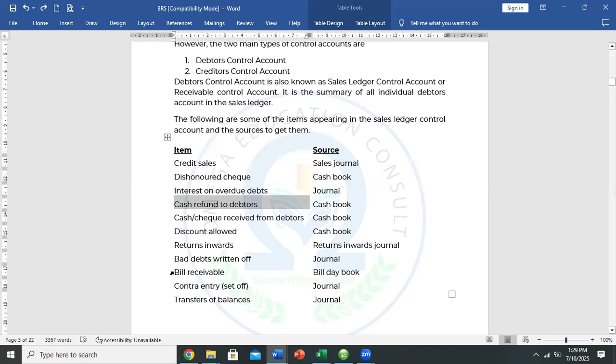Then you have bills receivable. Bills receivable is a negotiable instrument which can be issued by a debtor to the business to effect payment of a debt.